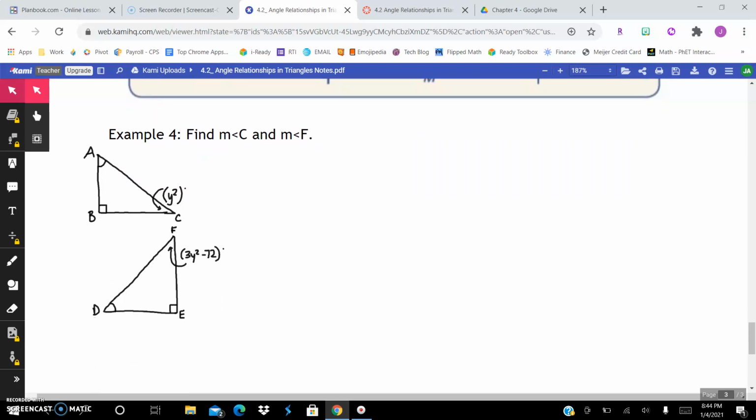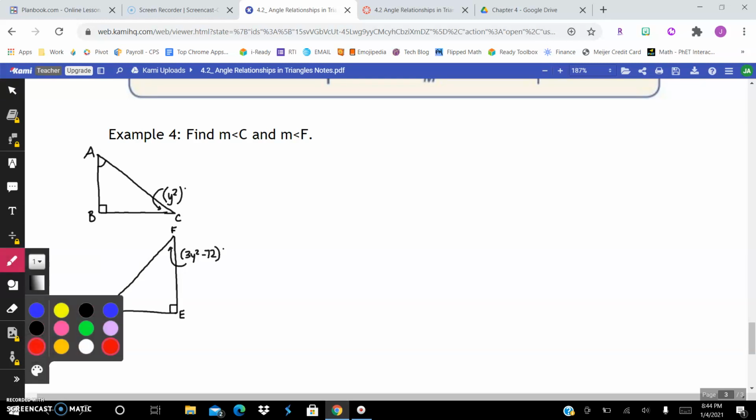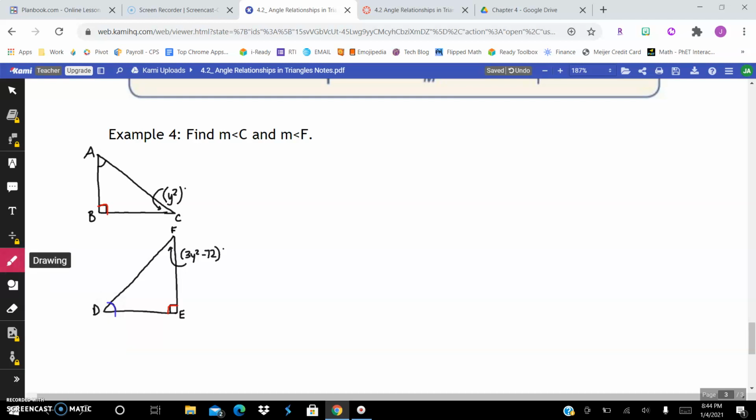All right, here, so we have to find the measure of angle C and the measure of angle F. So if we look, we can see that E is a right angle and B is a right angle. So those are the same. And also, the other one that we know is the same is angle D here and angle A. So that leaves C and F left over so that we know that those two are equal to each other.